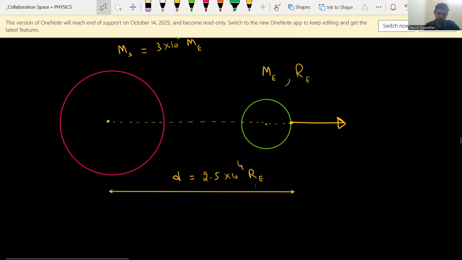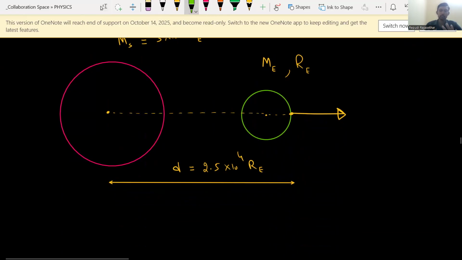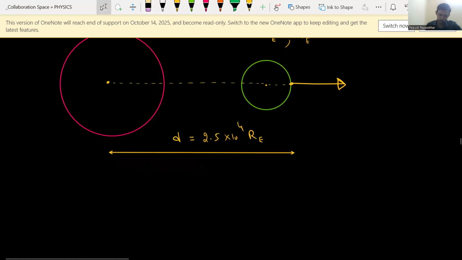Now which equation do we have to apply? I think you have learned escape velocity. If any particle is about to leave the gravitational field, then the final energy becomes 0. The same equation, conservation of energy, we have to apply.